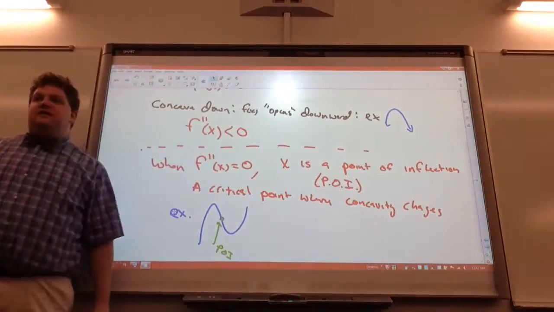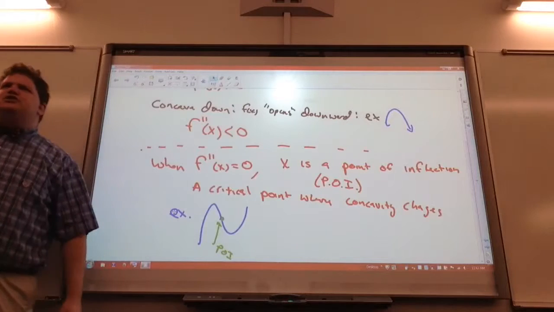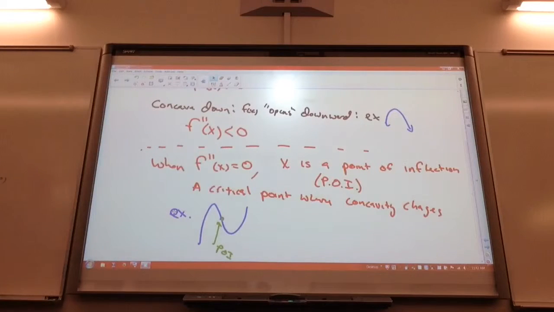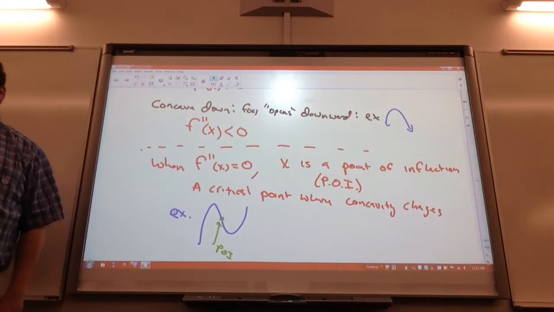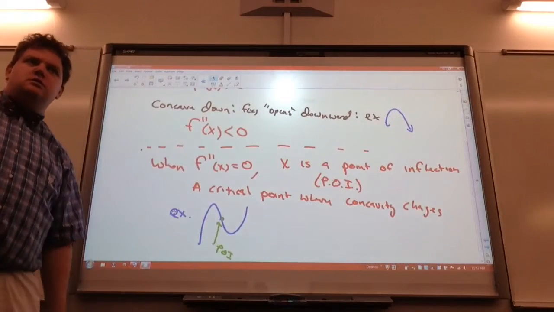That's another way you can think of it. There's another version that has to do with secant lines, but it's much more complicated. Keeping it simple with the second derivative test makes life easy. Any questions?